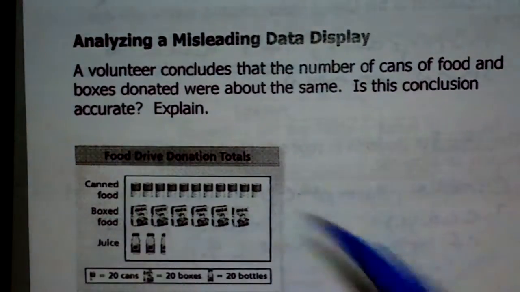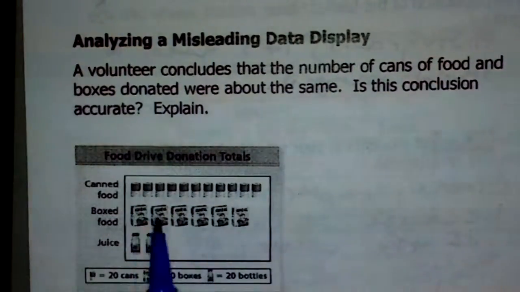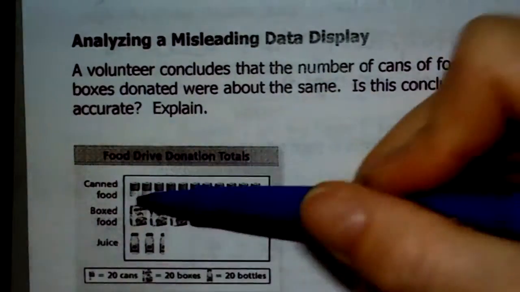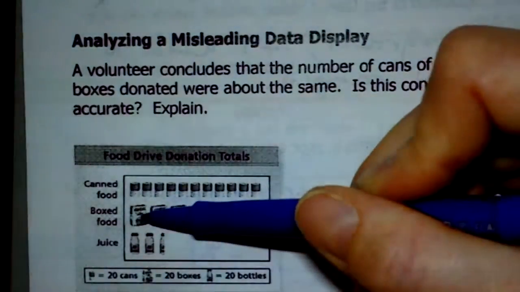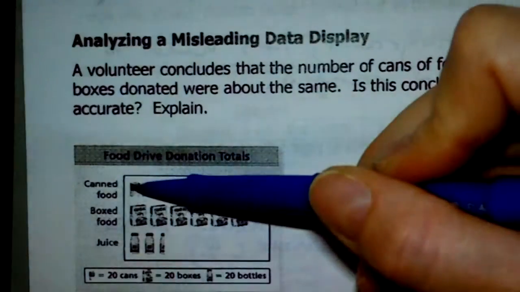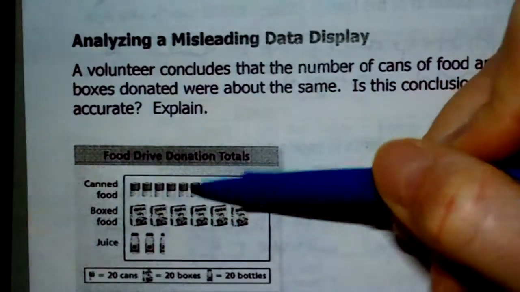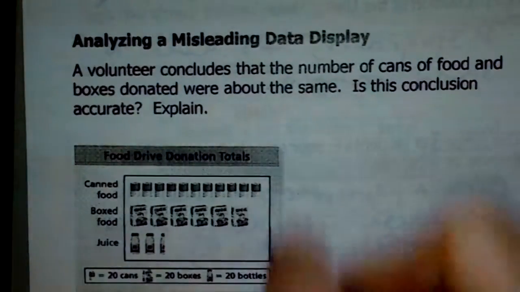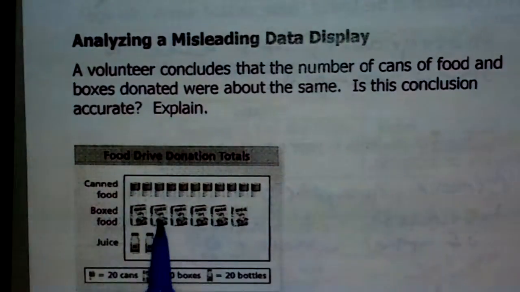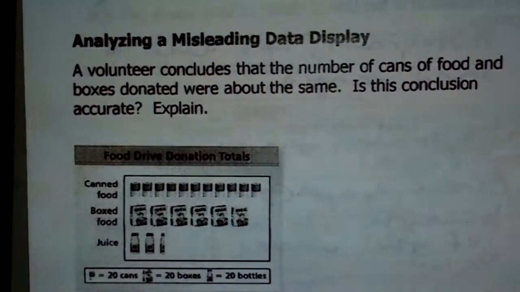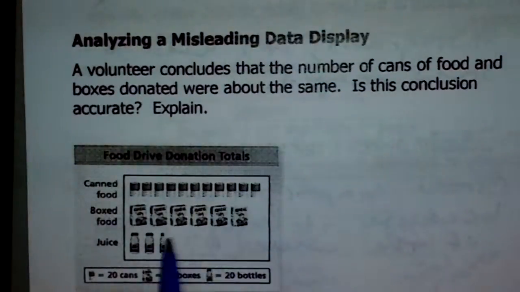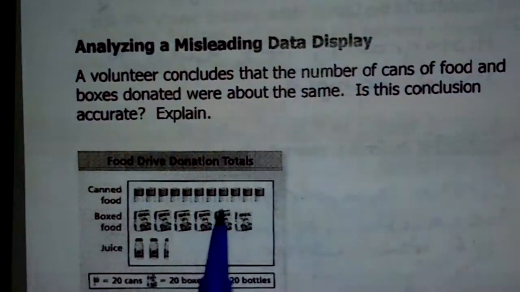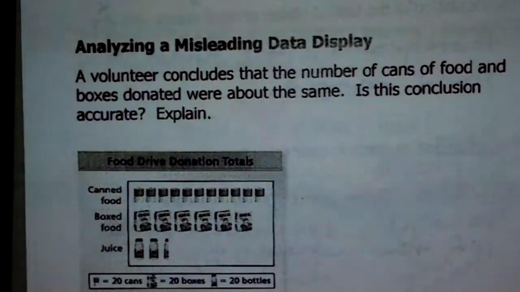The answer is no. Each one of these items represents 20 of it, right? These cans are a lot smaller than those boxes. So the cans are 20, 40, 60, 80, 20, 40, 60, 80, 20, right? So 220, here there's 20, 40, 60, 80, 120. Because these boxes are so much larger than the cans, it appears that they're about the same even though they're not.